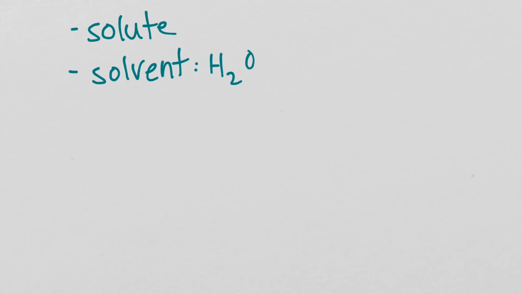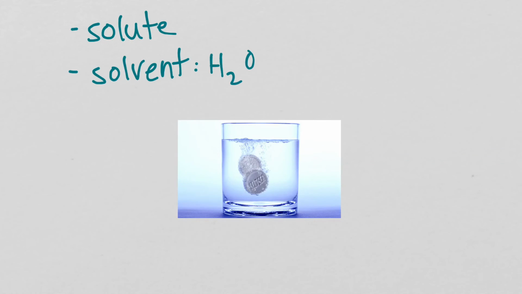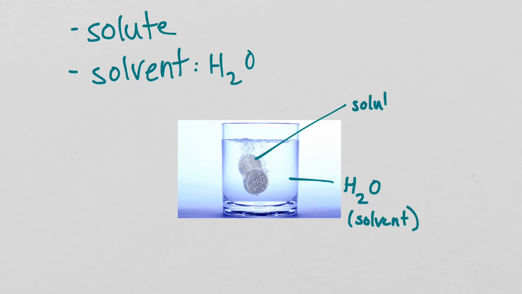And the solute is the thing that actually dissolves into the solvent. So in this example with an Alka-Seltzer dissolving in water, we know that the water that we have down here, this will be our solvent, and in the water we are dissolving these Alka-Seltzer tablets, so that will be the solute.